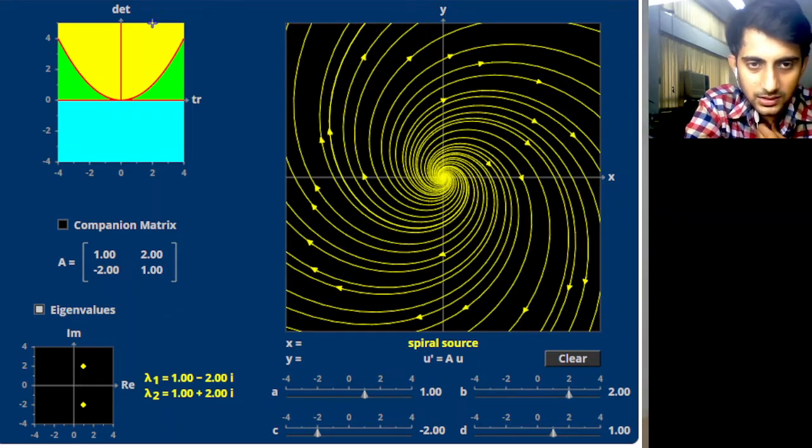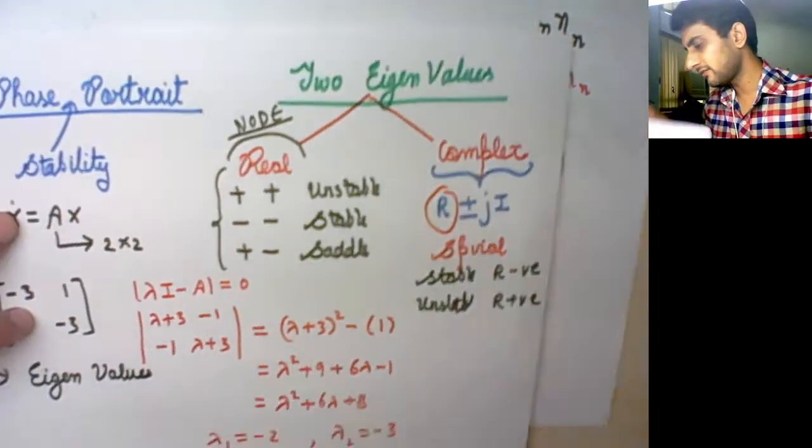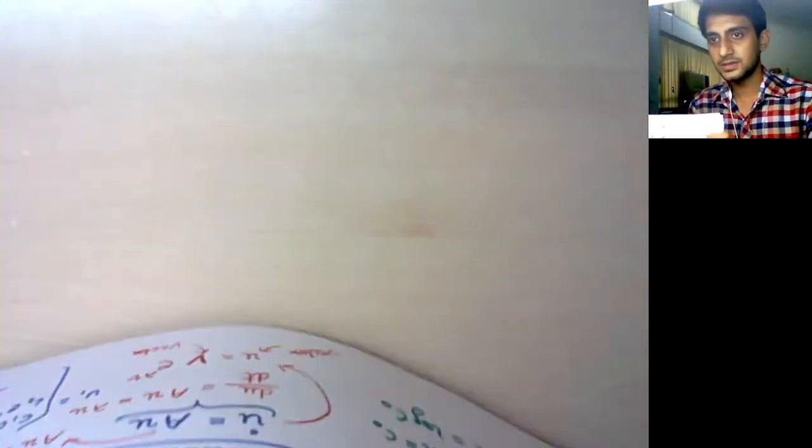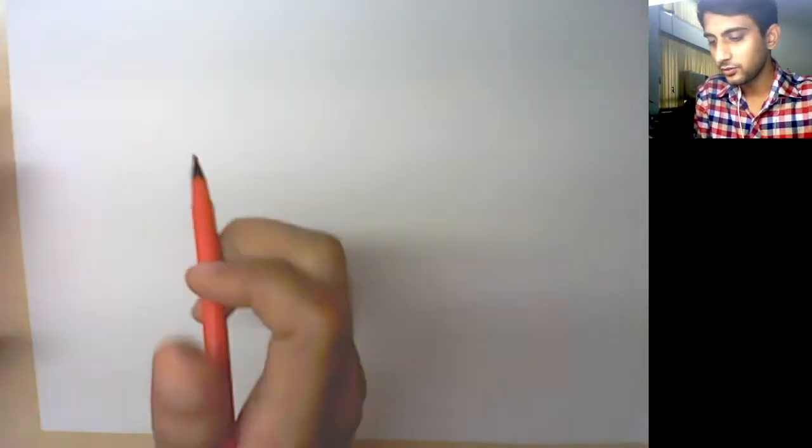Let me just switch to my pen and paper screen. There are a few properties of the state matrix or transition matrix.